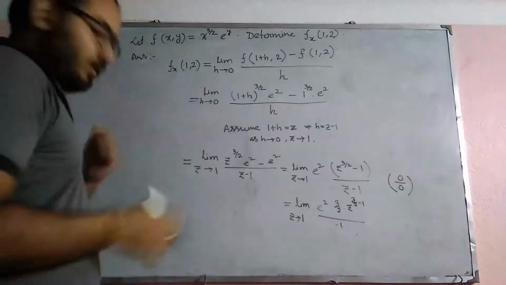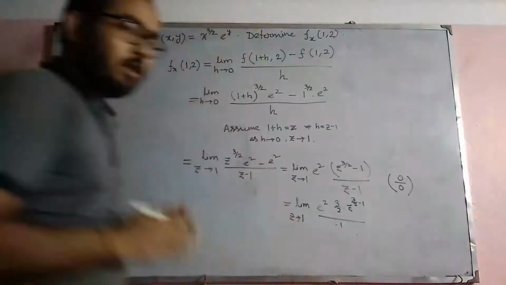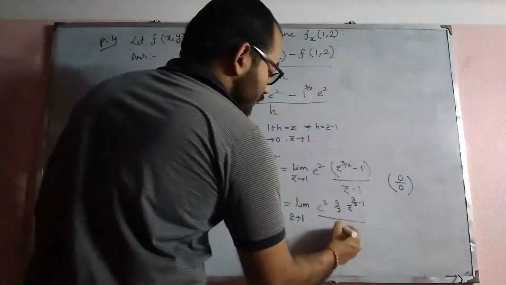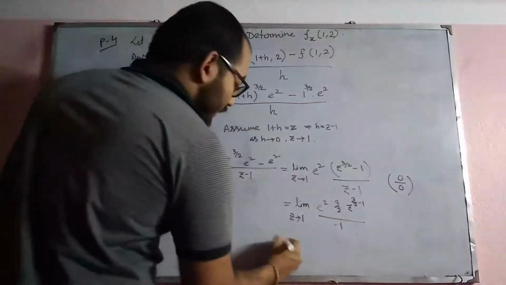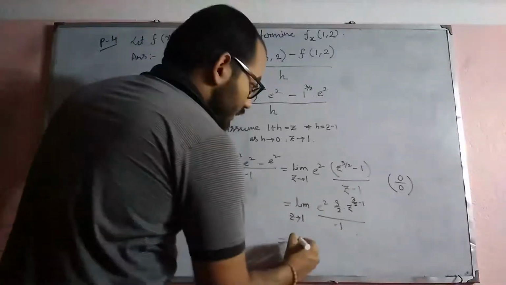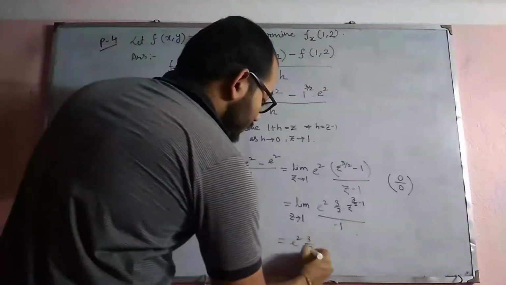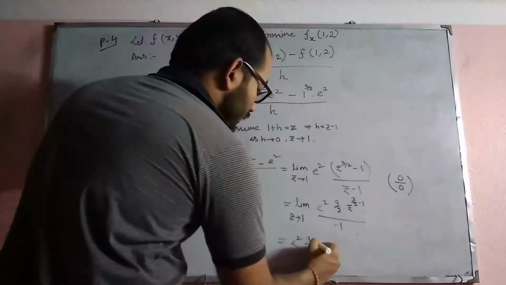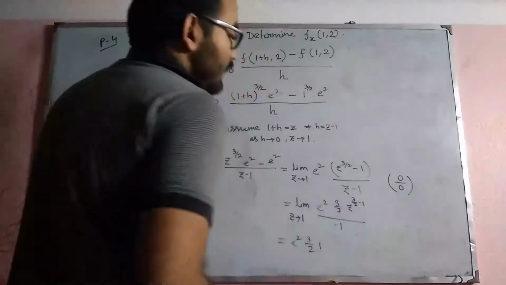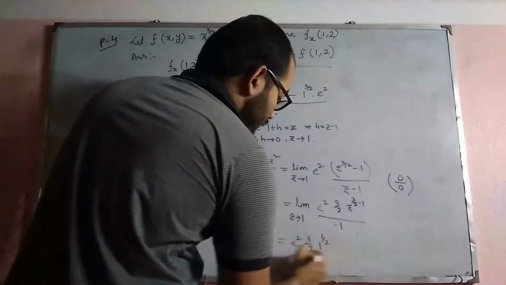Now if we apply the limit, this gives a finite value: e square times 3 by 2 times 1 to the power 3 by 2 minus 1, that is 1 by 2.